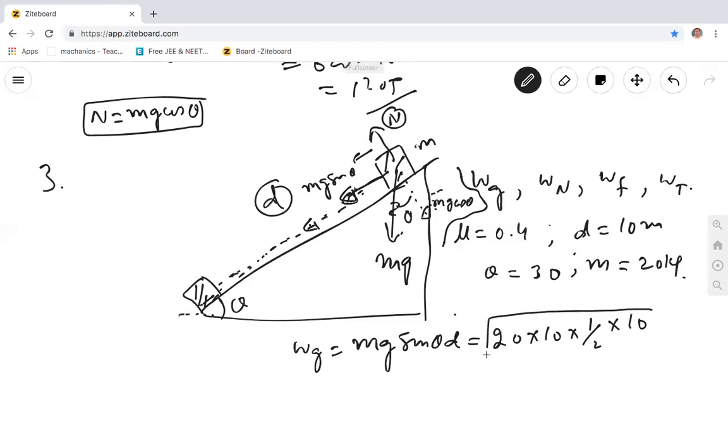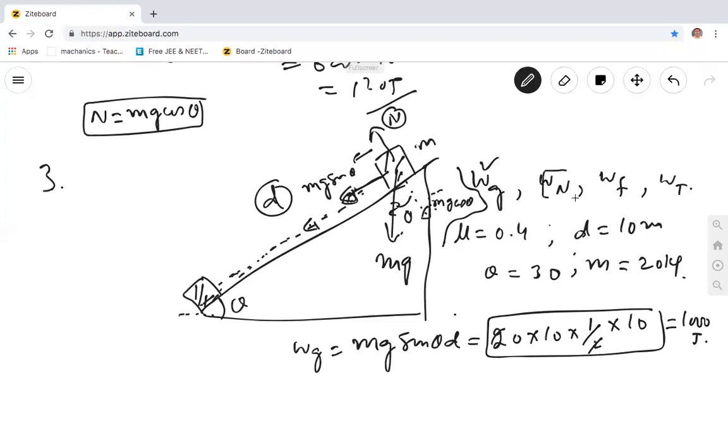Multiplying, it is 10, 10, 10, that's 1000 joules. Is it difficult to understand? No. mg sine theta into d is the work done by gravitational force.